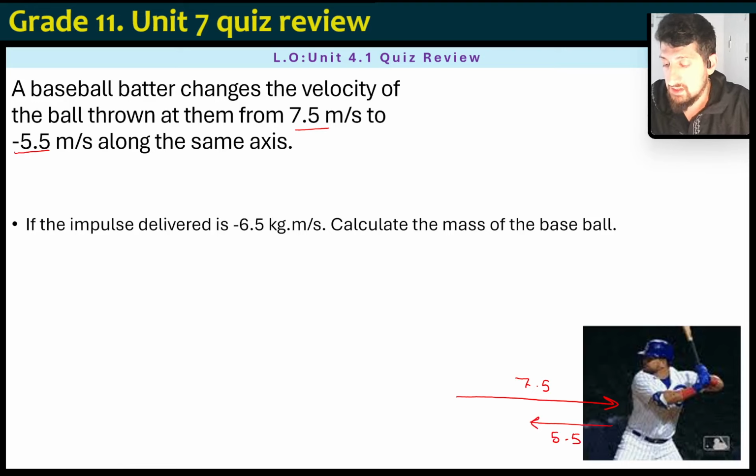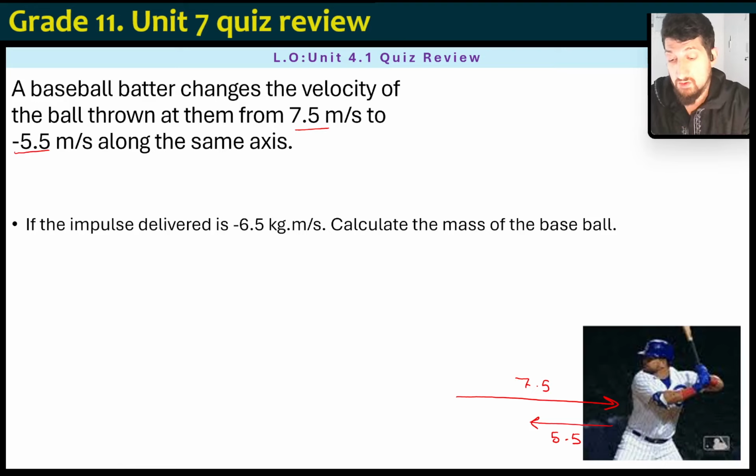If the impulse delivered is minus 6.5 kilogram meters per second, calculate the mass of the baseball. Okay. So the first thing we need to realize is that we can work out the change in velocity, and once we have the change in velocity and we have the impulse, which is change in momentum, we can work out the mass of the ball.